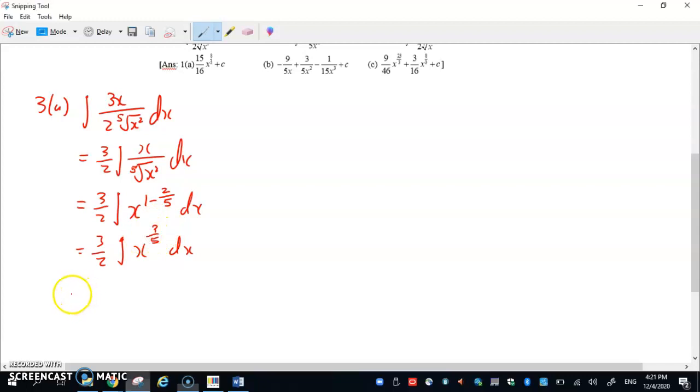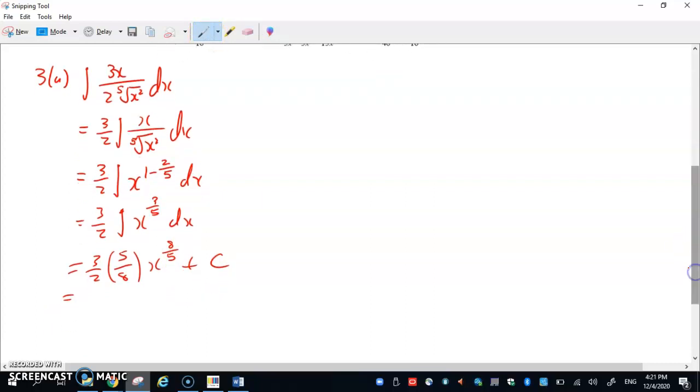Therefore, when you integrate, you get 3 over 2, 5 over 8, x to the power of 8 over 5, plus c. If you simplify the entire expression, you get 15 over 16 x to the power of 8 over 5 plus c, and that's all for the answer.